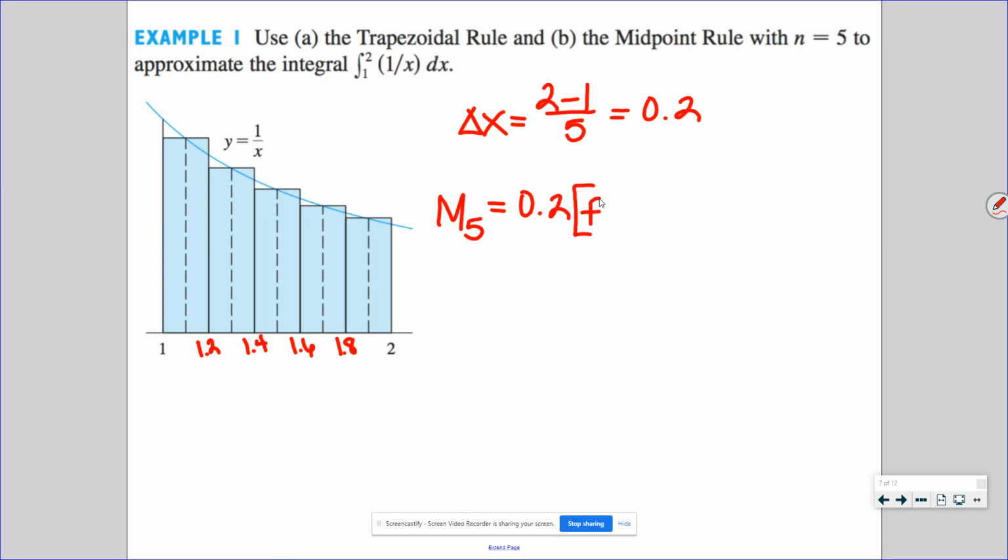My heights are based on the middle of the rectangle, and the middle of the rectangle is 0.1 units away from the start. So the middle of my first rectangle is actually 1.1, which means the middle of the second one would be 1.3, then 1.5. I think you get the point.